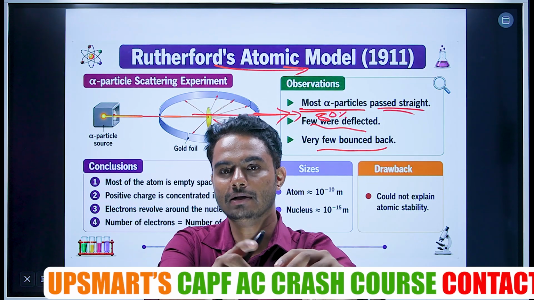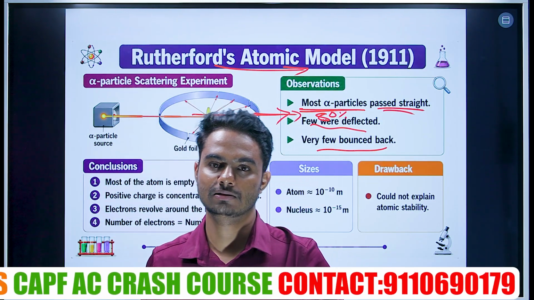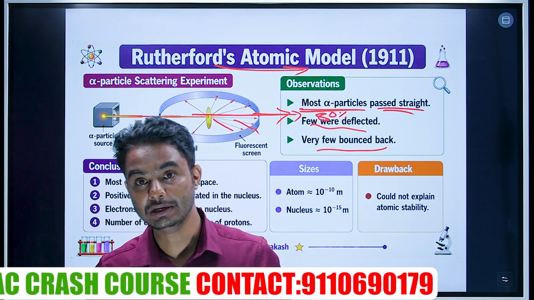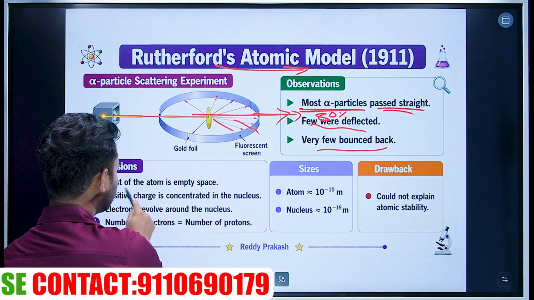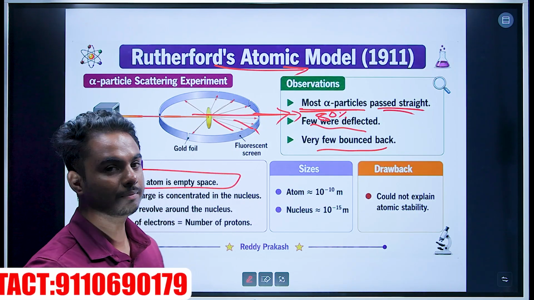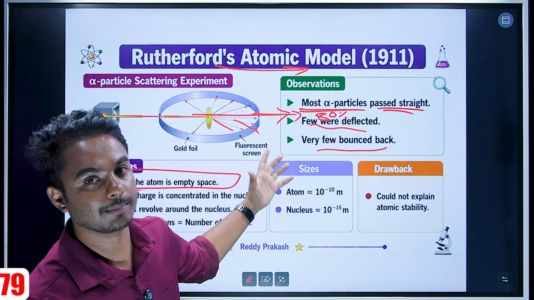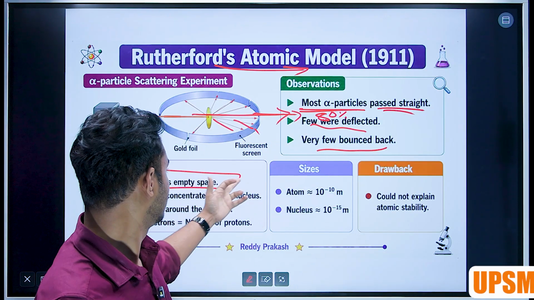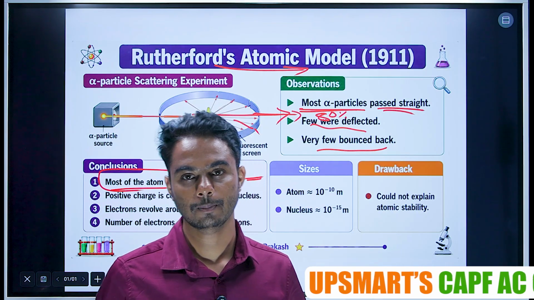So only some of the light deflects or reflects, and the majority will pass in a straight line. That means most of the atom is empty. Most of the atom doesn't have mirror-like things to obstruct the alpha particles. That means most of the atom is empty. You know the reason now?